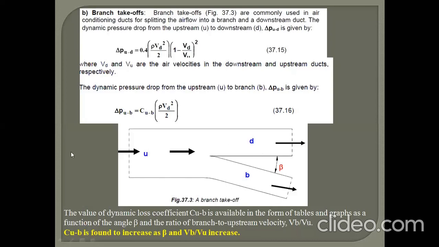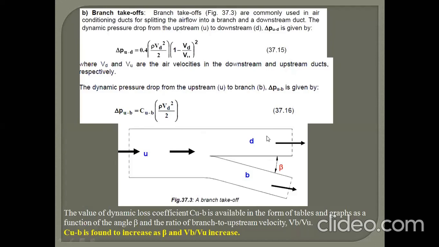And the dynamic pressure loss from upstream to downstream. Okay, in this case the upstream is nothing but the main duct and downstream is nothing but this D. So upstream to downstream means straight flow of air, and the branch takeoff loss is given by this equation: 0.4 rho Vd square by 2 into (1 minus Vd by Vu) square, where Vd and Vu are the respective velocities of the streams.